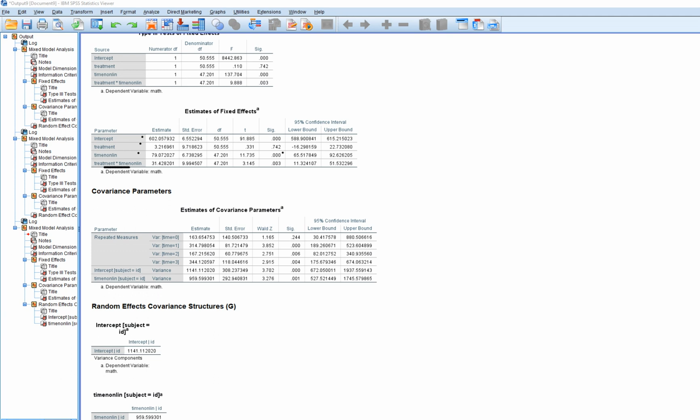When we look at the interaction, this would be the slope for the interaction term, and it was statistically significant. So in large part, we're finding very similar results with respect to the interaction between treatment and our time variable. It was a significant cross-level interaction, following pretty much the same interpretation as before.